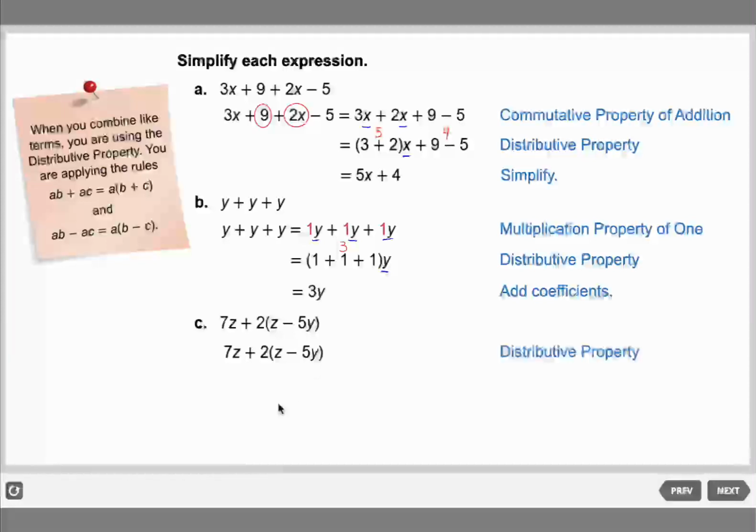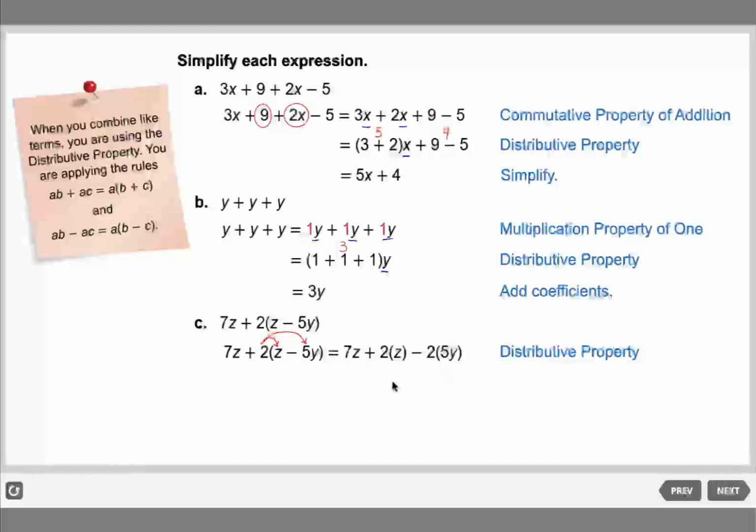Yes. Okay, let's do it. Use distributive property. Multiply 2 by the first and multiply it by the second. We will not change the 7z. Leave it as it is. And now 2 times the first is 2z, minus 2 times the second is 2 times 5y.